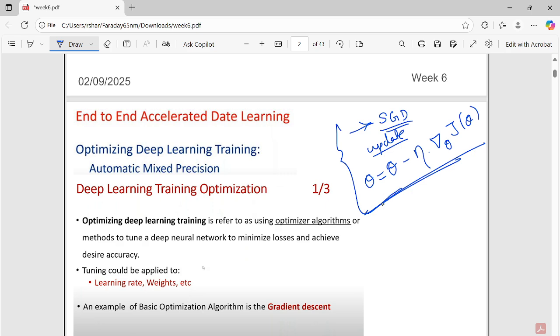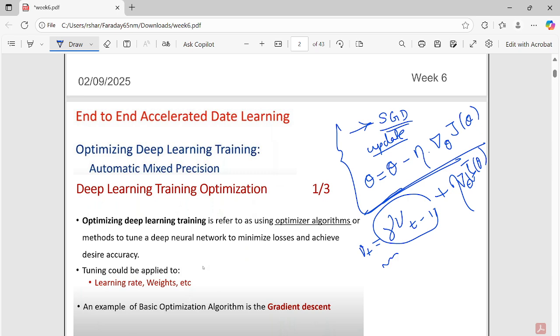This includes having one more term, we say gamma, adding this term to the update. So this helps to accelerate stochastic gradient descent in the relevant direction, and if any oscillations are there, it removes those oscillations also.